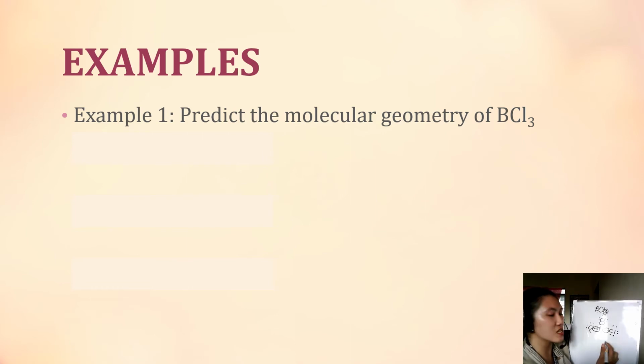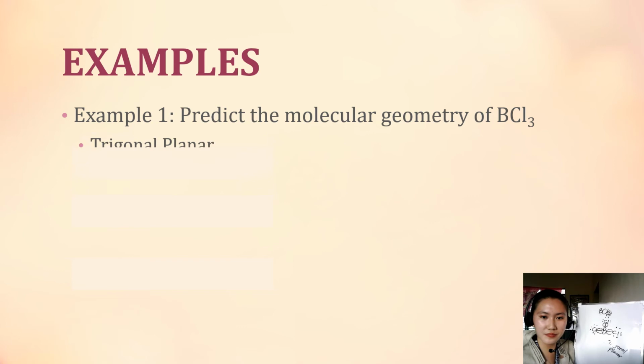This means the molecular geometry of BCl3 is triangular or trigonal planar, because it looks like a triangle, right? Let's check. Very good. So the molecular geometry of BCl3 is trigonal planar.